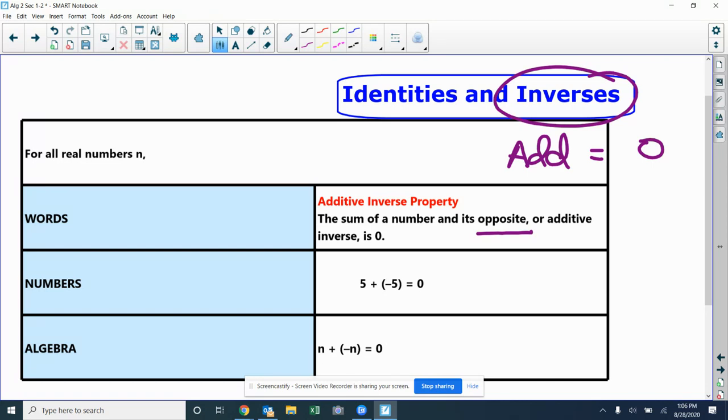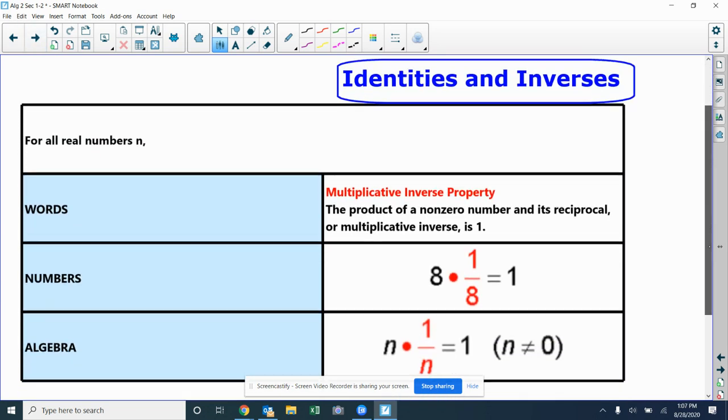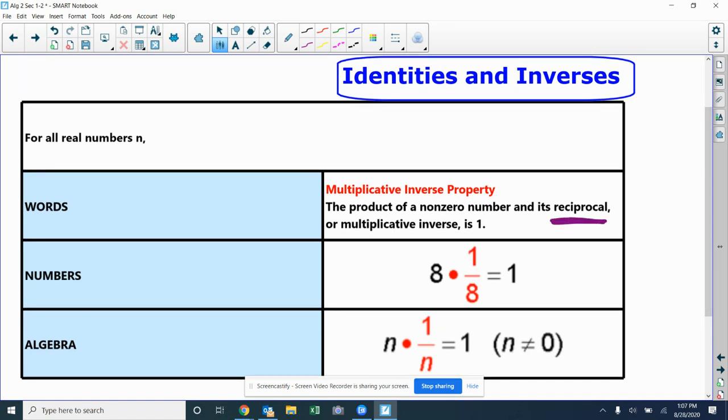Now, additive, opposite. Now the difference is the inverse for multiplication is a little different. We're going to try to get 1. So the inverse of multiplication is 1. So what are we going to multiply by to get to be 1? Someone said it earlier. Reciprocal? Oh, reciprocal, yes. Okay?